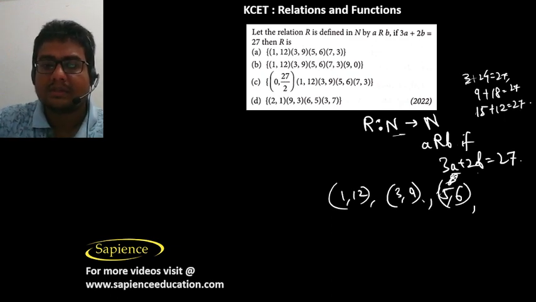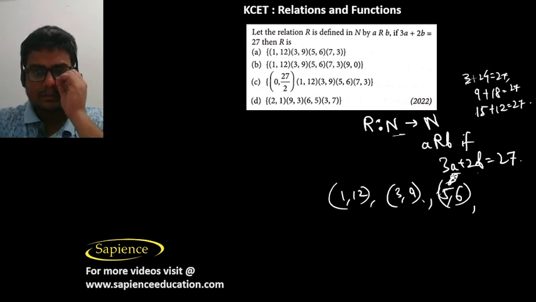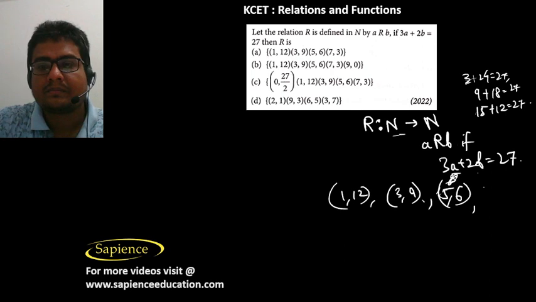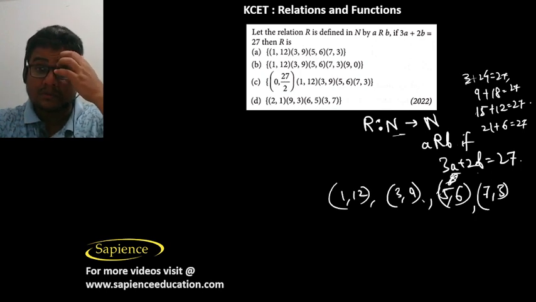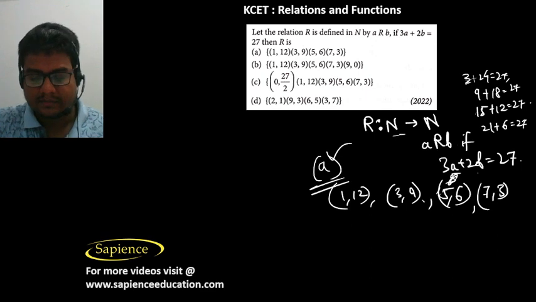And then we can take 7 comma 3 also, since 3 times 7 is 21 plus 6, that is also 27. So it means that option A is the correct answer.